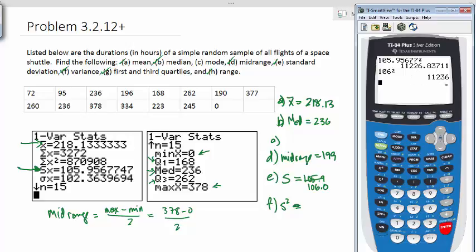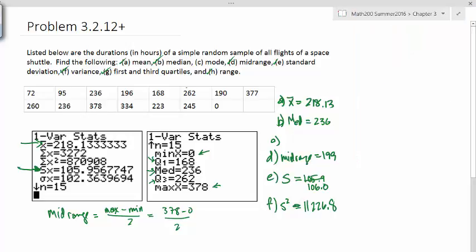Especially, it's different in the tens place, not the tenths, but the tens place. So you would get the wrong answer for that. The more decimal places you put, the more accurate your variance is going to be. So 1126.8.